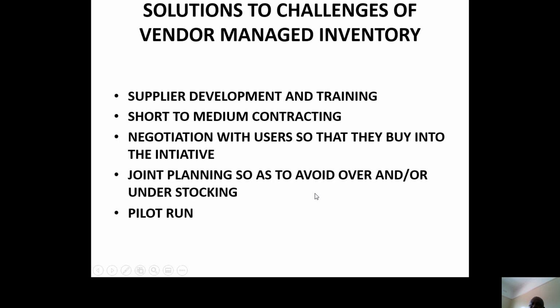Joint planning, yes, we want to do this and we want to improve this and we want to make some promotions and so on. Pilot run, so that you remove the mistrust and the users achieve user acceptance.